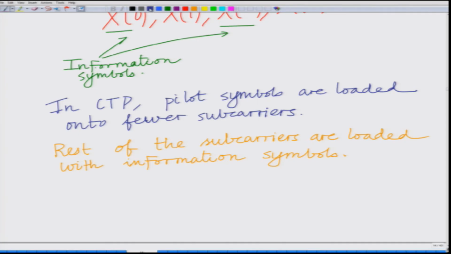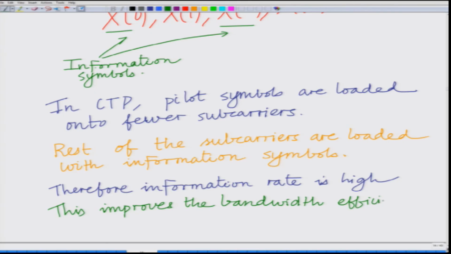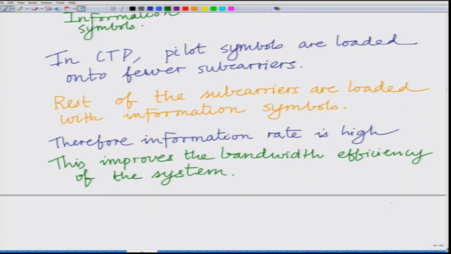Therefore, this improves the bandwidth efficiency, and therefore the information rate. That is something also interesting to note. This significantly improves the bandwidth efficiency of the system. Alright, so that is what we have seen.